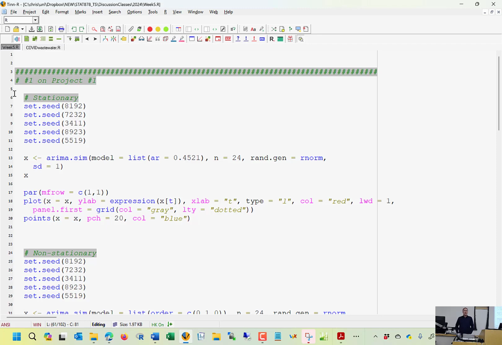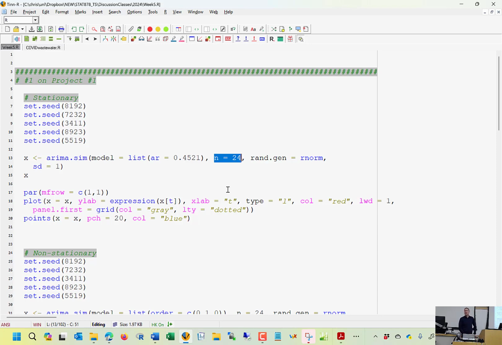So whatever we get here, we know it's stationary. And for ARMA.sim, I'm going to use a phi 1 equal to 0.4521. I think within the next project, you'll have some ideas why I chose that particular value without going into all the details. Notice I'm going to use exactly the same sample size as what we had.